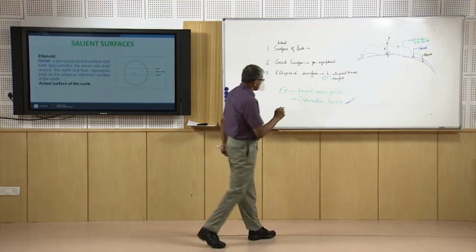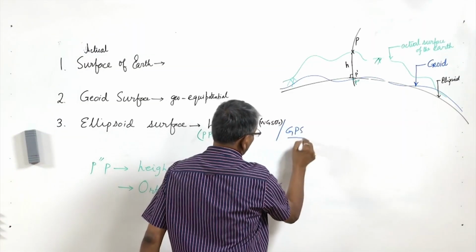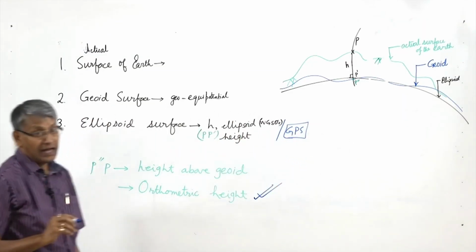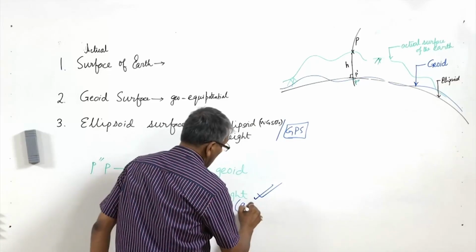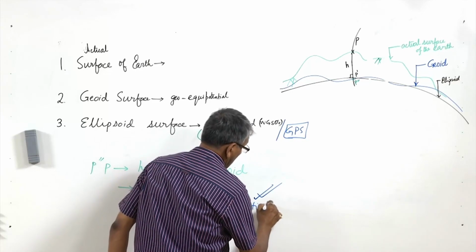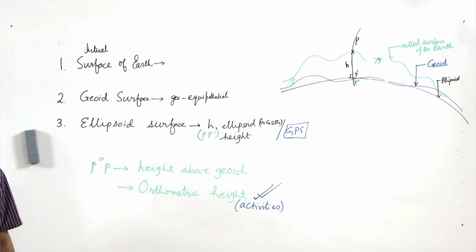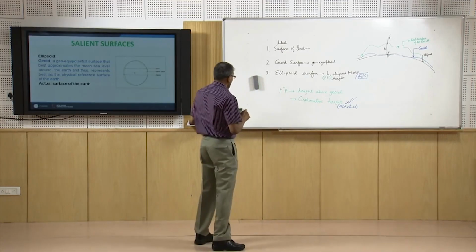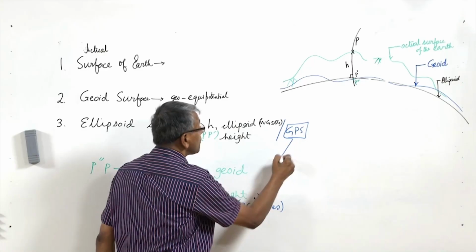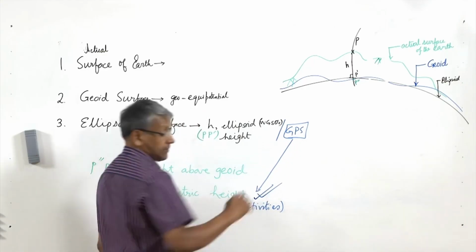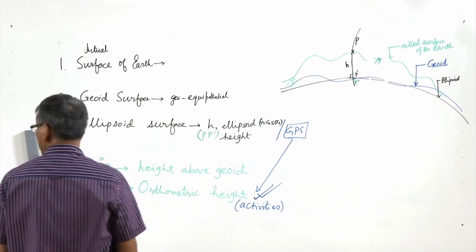but GPS provides us the ellipsoidal height. GPS provides us the ellipsoidal height, but all our activities require orthometric height. So we need to know how to convert GPS height to orthometric height, that is called height transformation.